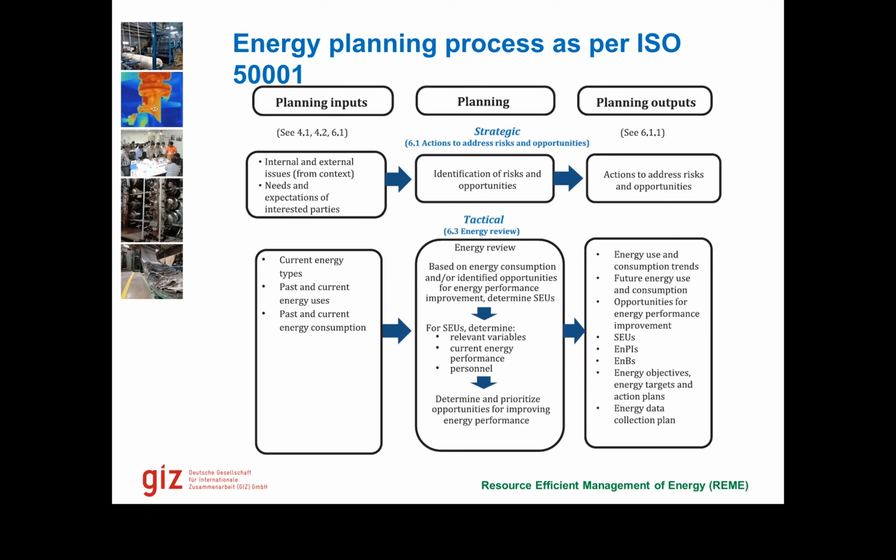And another colleague from our team also talked about energy review. So what it is, based on the data, which data? Current energy types, past and present energy uses, the energy consumptions, greenhouse gas emissions, and the procurement records, for example, different types of data that we can get.